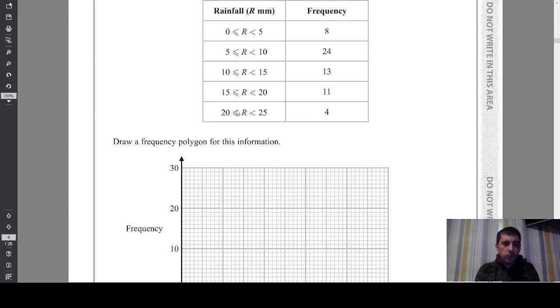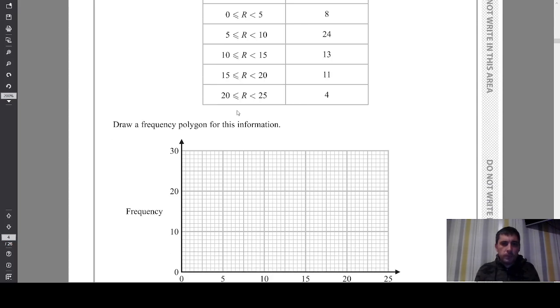Okay, so now how to draw a frequency polygon. So check the range and get those crucial values. So in this region 0 to 5, we put 8. Okay, so just mark yourself a point.